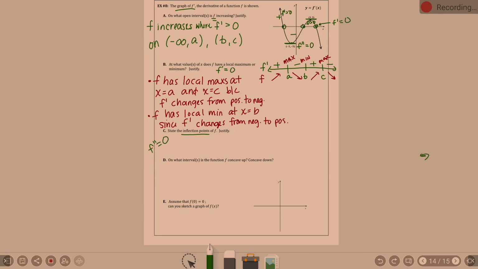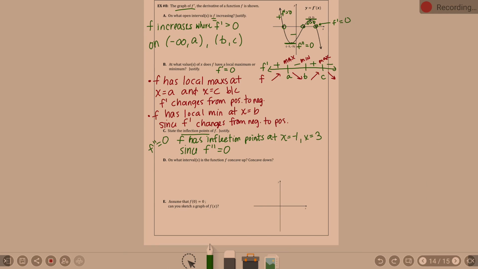So F has inflection points at x equals -1 and x equals 3, and that is because the second derivative equals 0.